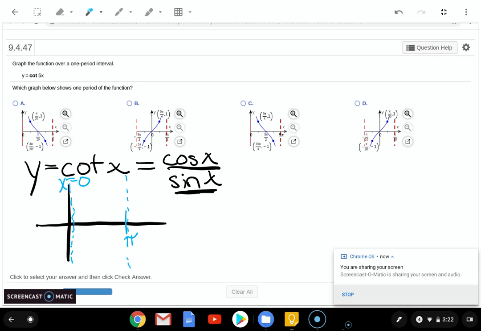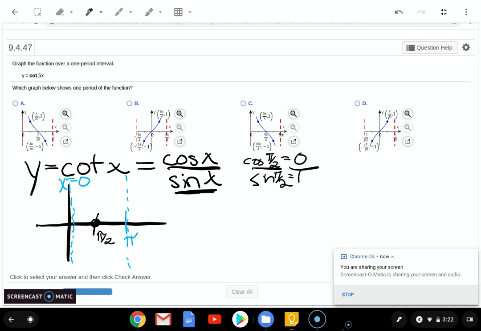When x is pi over 2, so right in between here, cosine of pi over 2 is 0. So you'll have 0 over 1, because cosine of pi over 2 is 0 over sine of pi over 2 is 1. So cosine of pi over 2 is 0 over 1, which is 0.